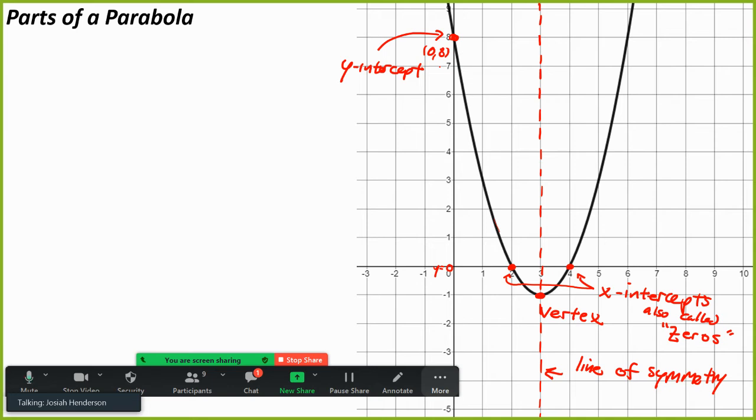But we have two zeros. Notice that. We have two x-intercepts where it's cutting through. Any other questions or comments or concerns right now? Does anyone want to go back and talk about just making the graph? Any questions?